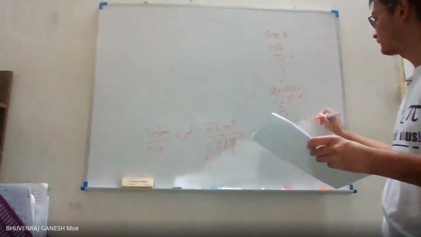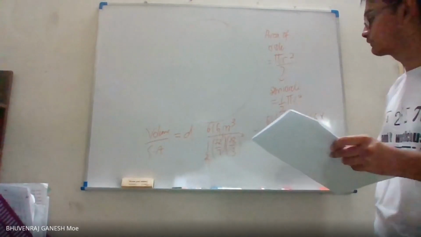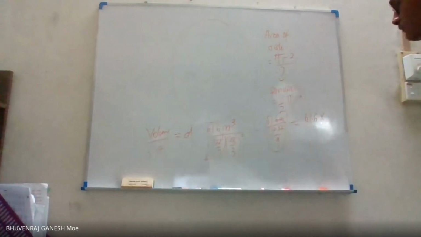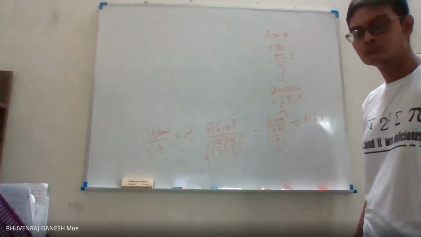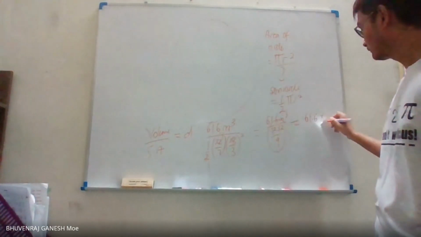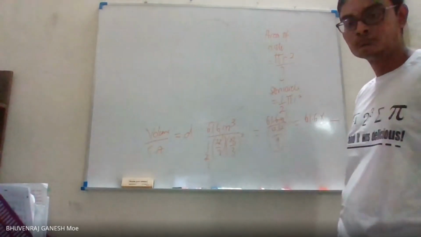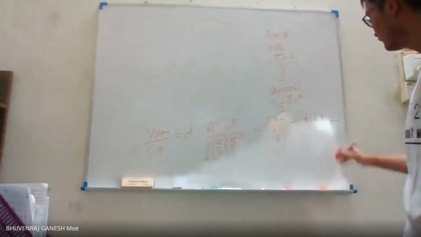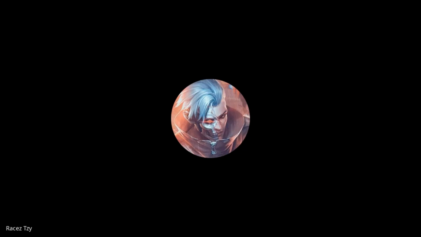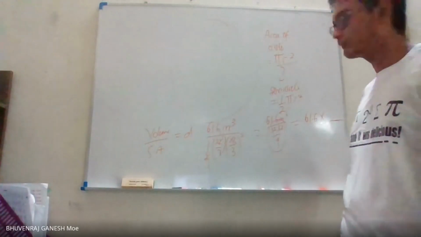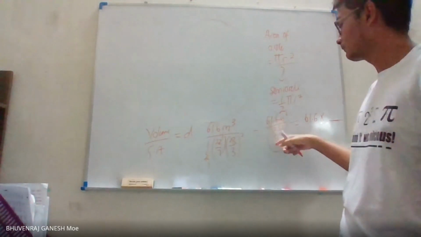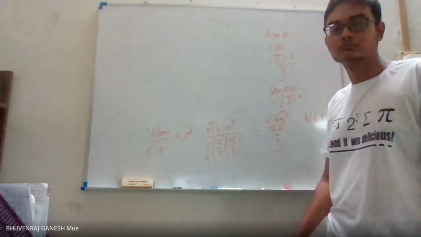So it's 61.6. This one, what you do if you want to times? How will you times 1232/9, or 9/1232?